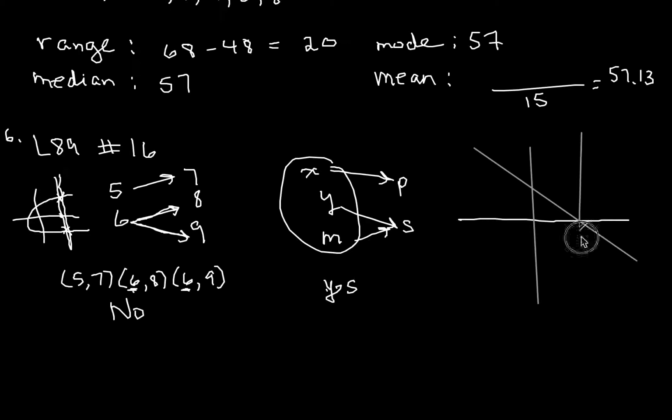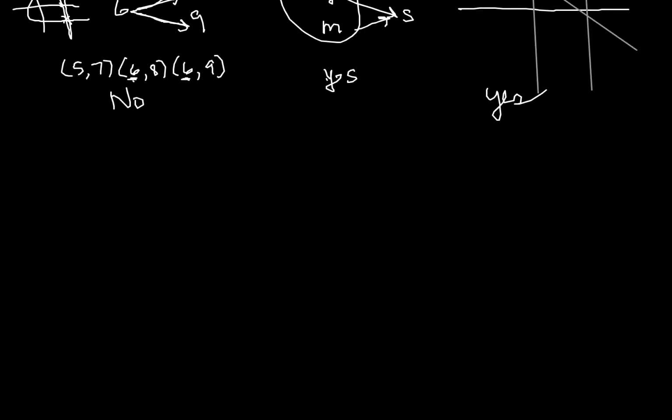If you put a line down through and it doesn't hit 2 points, it only hits in one place, right there. So yes, it is a function. Okay. And there's another graph here. Let's do that graph real quick. All right, there we go. And we have a graph like this. Ooh.